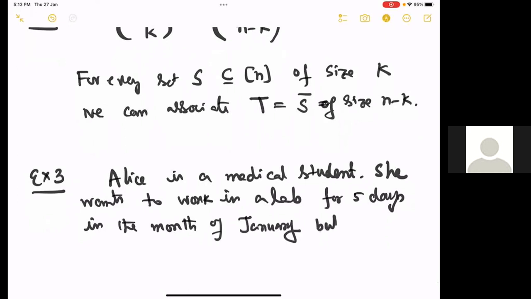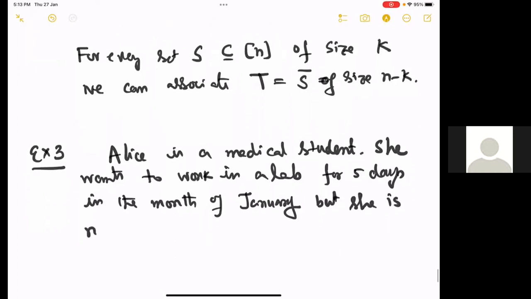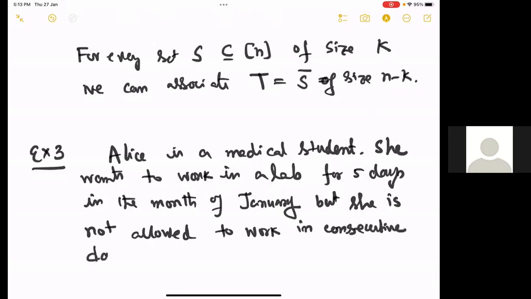But she's not allowed to work on consecutive days.